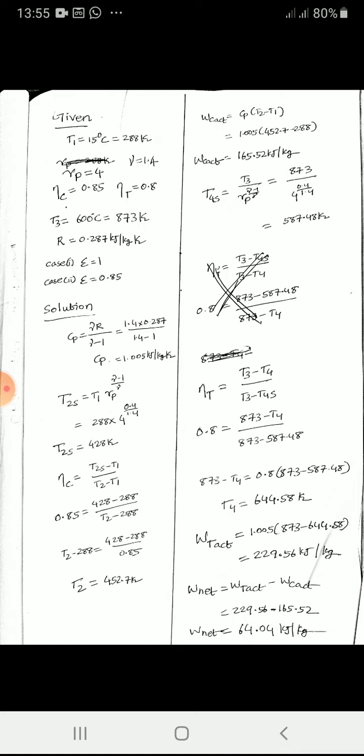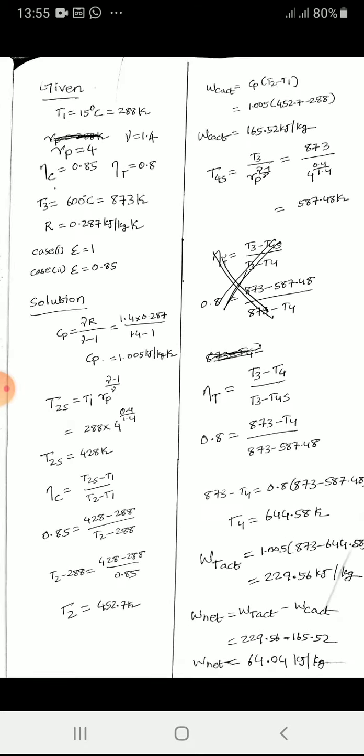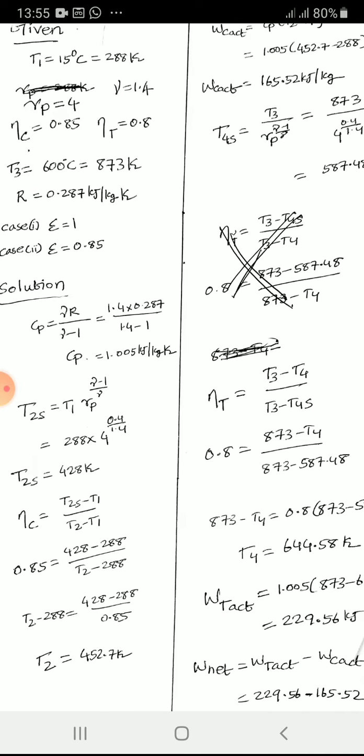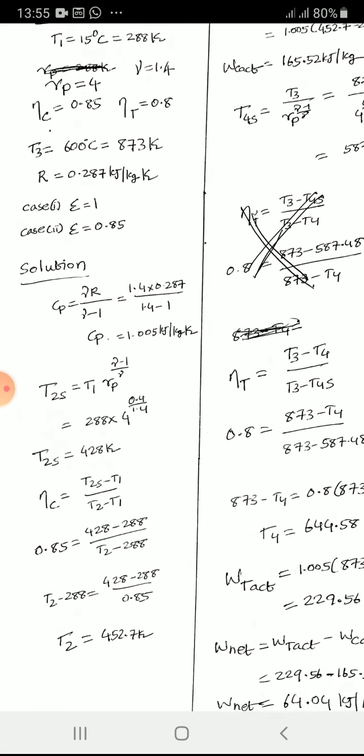Compressor efficiency is 85% and turbine efficiency is 80%, right? So temperature at the inlet of the turbine is 600 degrees Celsius. We are taking it as 873 Kelvin and R is given as 0.287. For case 1, perfect regeneration. Case 2, 85% regeneration, right? So we will see perfect regeneration and 85% regeneration when we get into that section, right?